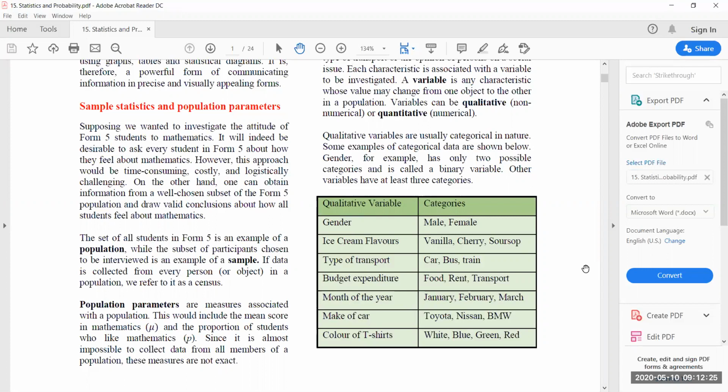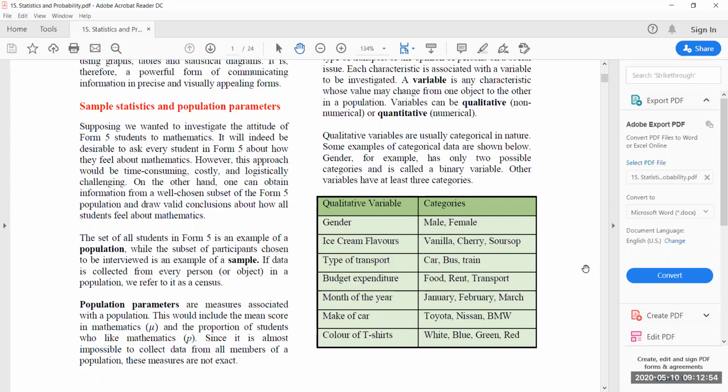Now, the subset of participants chosen to be interviewed is an example of a sample, right? For example, we're in the COVID situation right now, so the entire Trinidad and Tobago will be the population. The sample will be the persons who are infected with the virus. Yeah, that will be a sample. Everybody following?